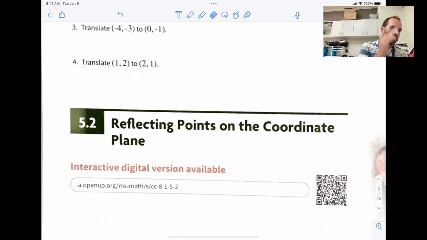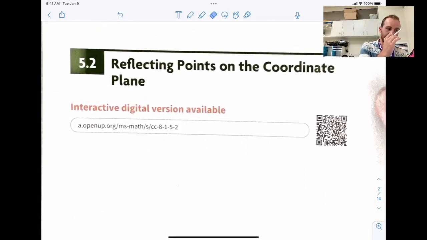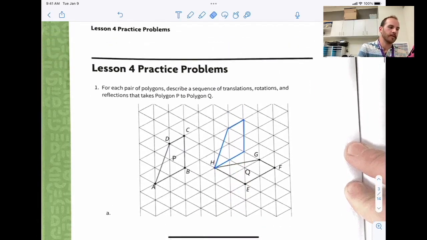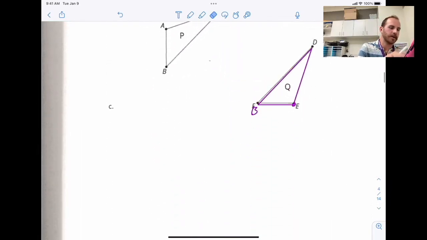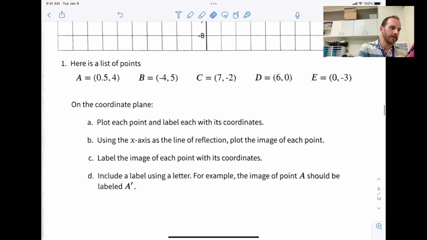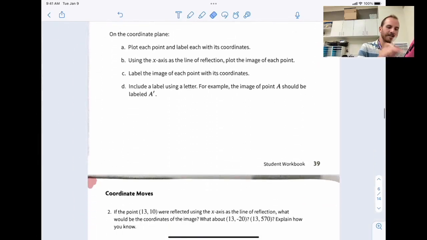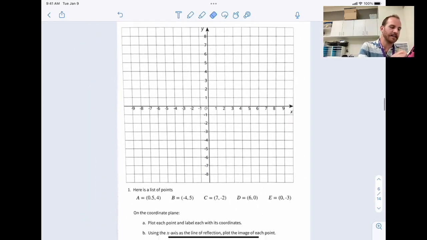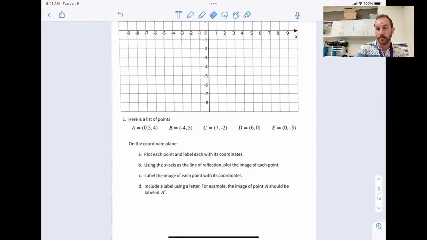What I'd like to go over next is reflecting points on the coordinate plane. We're not going to go over these practice problems because it's Friday and we're going through this quick. This activity is on page 39, and we need to answer these questions.